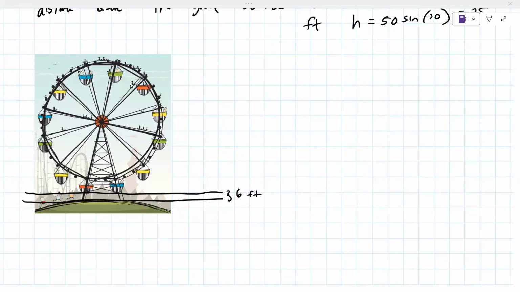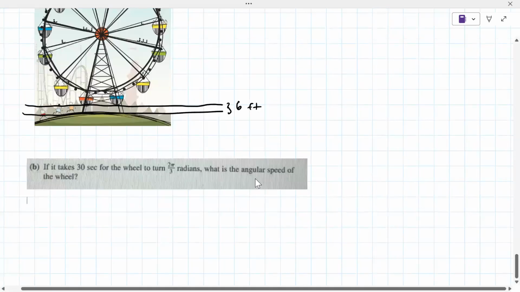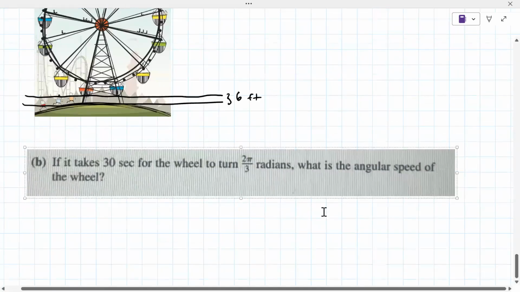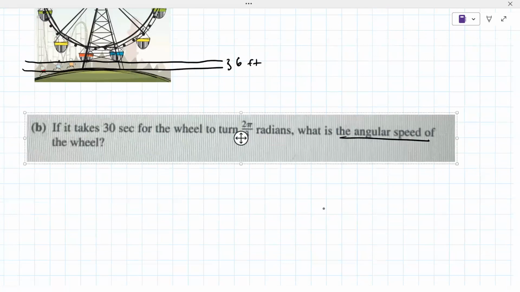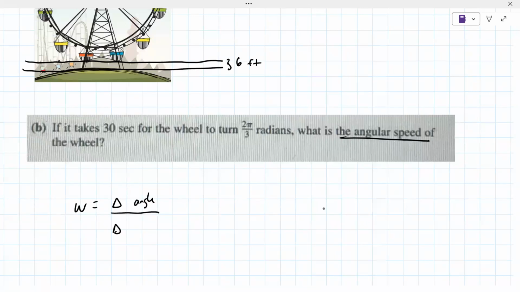Okay. So now the next question is asking for angular speed or angular velocity. So angular speed, W, is the change in the angle over the change in time.